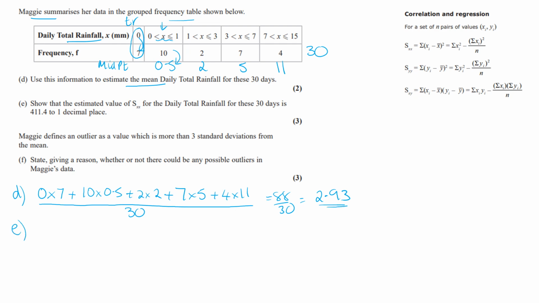Part E, show that the estimated value of Sxx, which is the sum of the squares, so that's the value that you can use before you find the average of how far each of the data items lie away from the mean. So it's used to calculate the variance, and it is the sum of the squares.